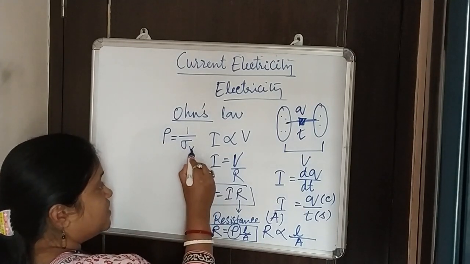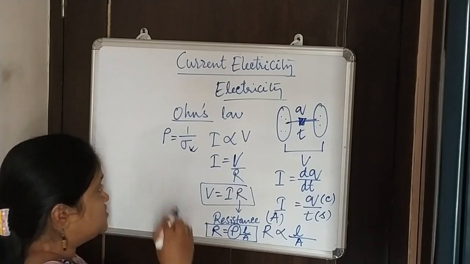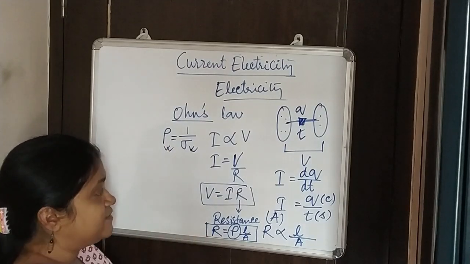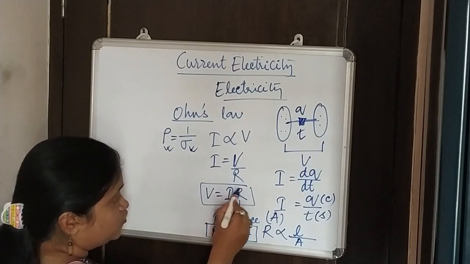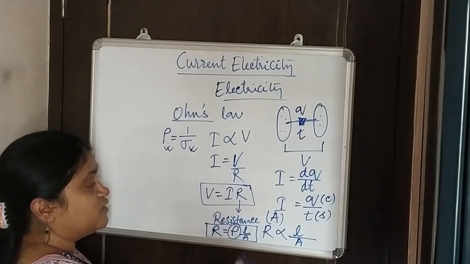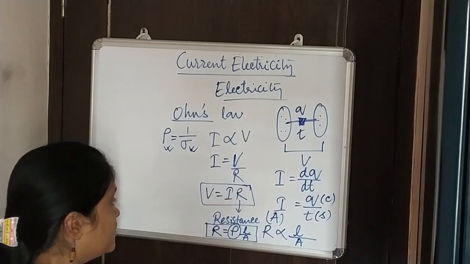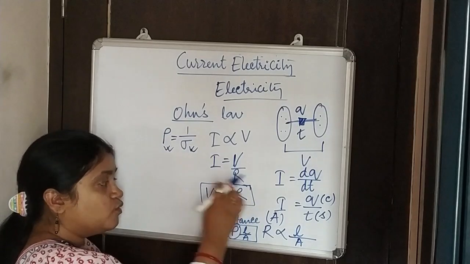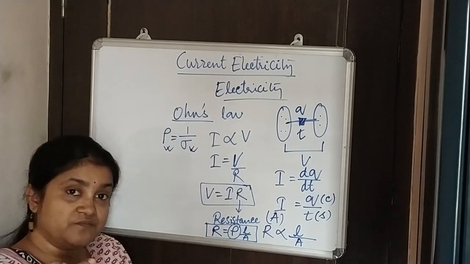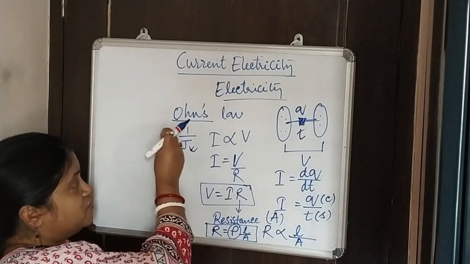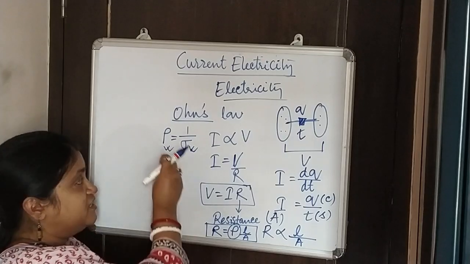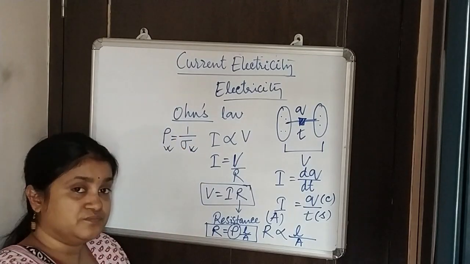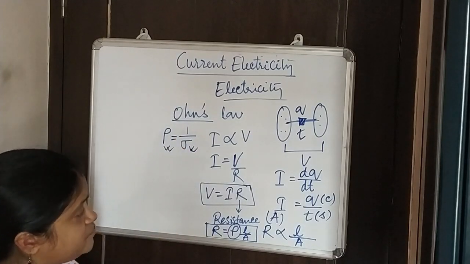So sigma is called conductivity, whereas rho is called resistivity. We already know that Ohm's law is V equal to IR. Now let's see how Ohm's law has another form in terms of the resistivity and the conductivity of the material.